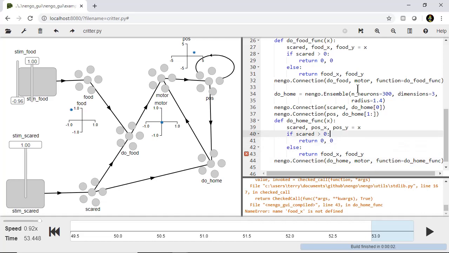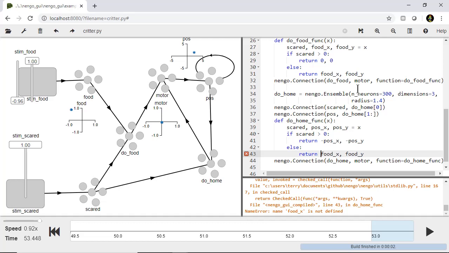All right. And now we've got to change this function. So if I am scared, what should I be doing? I know what point I'm at, so if I want to go back to where I started from, I want to go to minus position X, minus position Y.